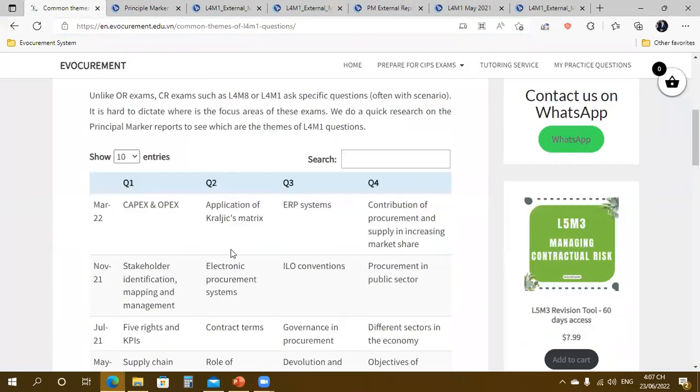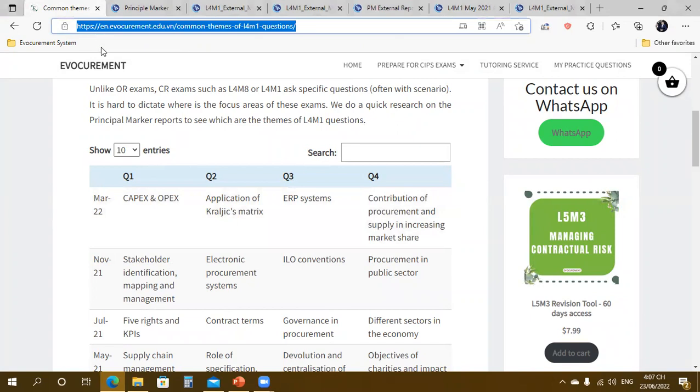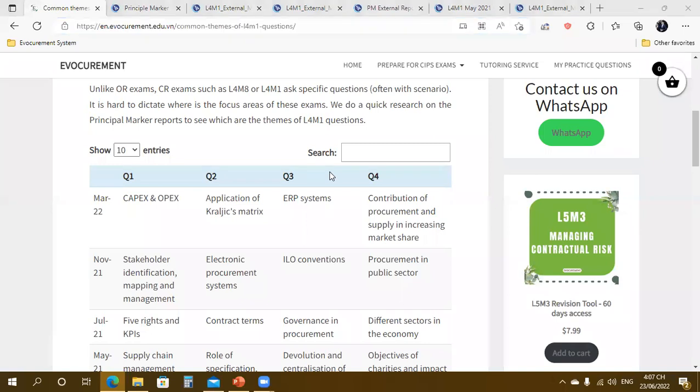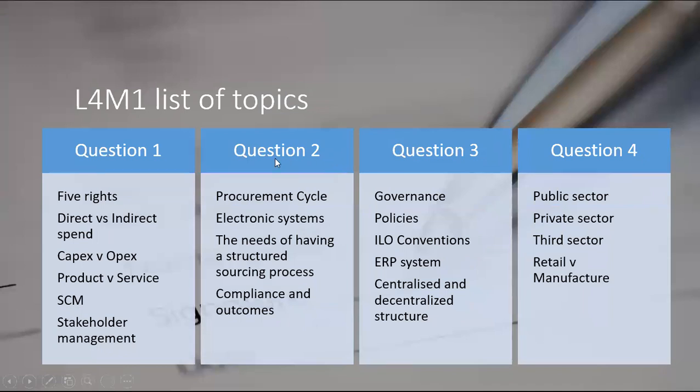You see here, we make a list of topics that we gathered from the CIPS website. You may go to this web page and see the list of topics. In this slide, I give it in short form, and you may see the different topics we have here.